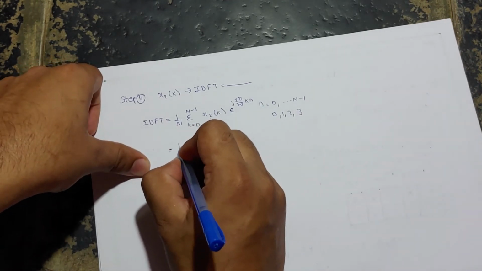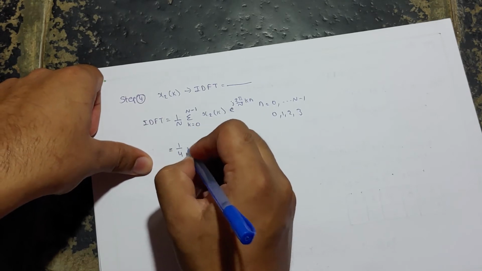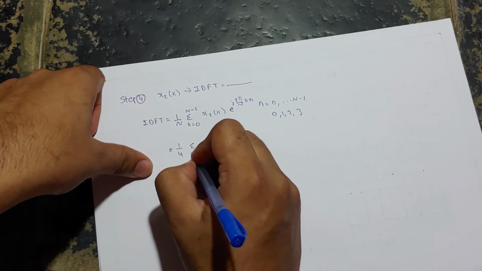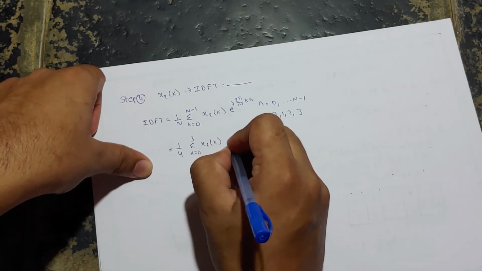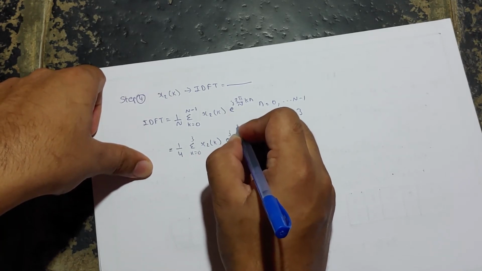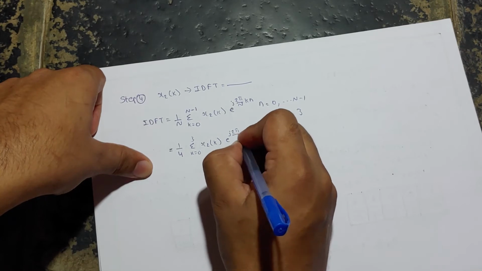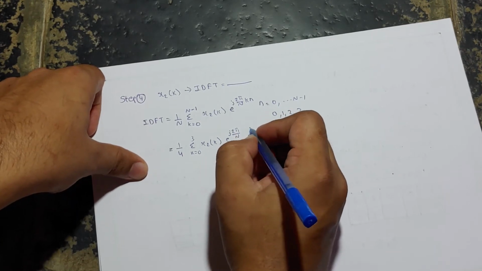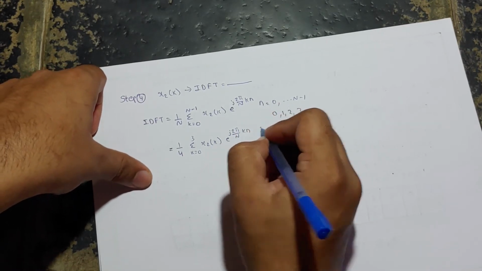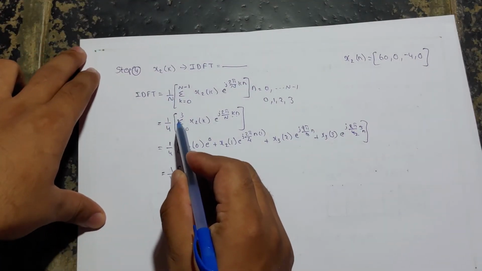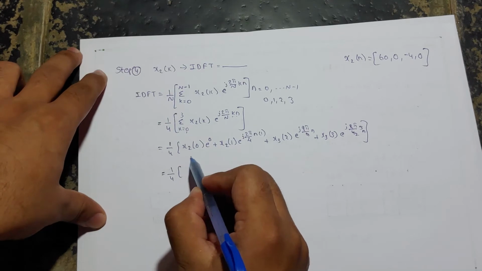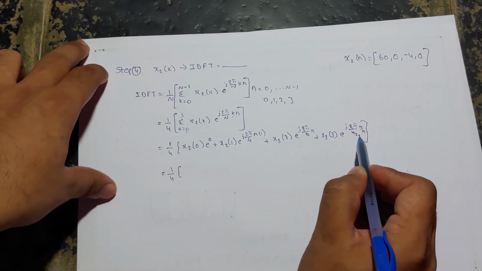So we will apply where n is equal to 4, summation k equal to 0 to 3 of x2 of k into e power of j into 2 pi by n times kn. We apply the summation from 0 to 3 and we will end up with a summation like this.